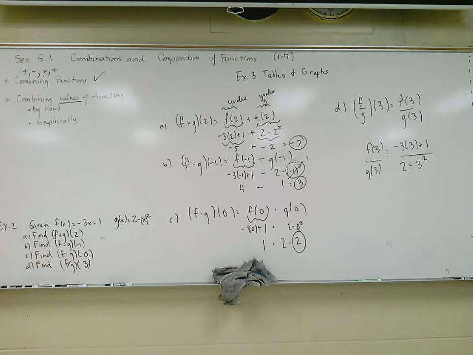Yep. So I tried doing the subtraction one, and no matter how I put it in the calculator, it's not giving me the right answer. I mean, I just wouldn't use the calculator, but let's see. Yeah, just hang on, let me see your calculator. Yeah, because you're not doing order of operations.